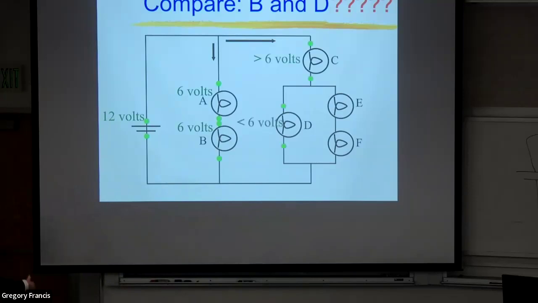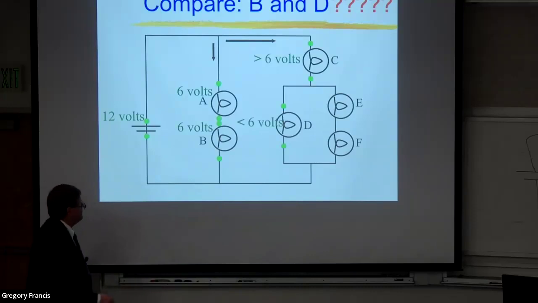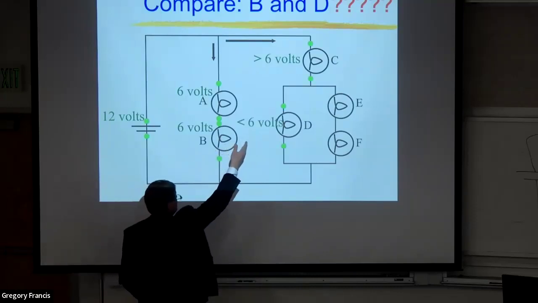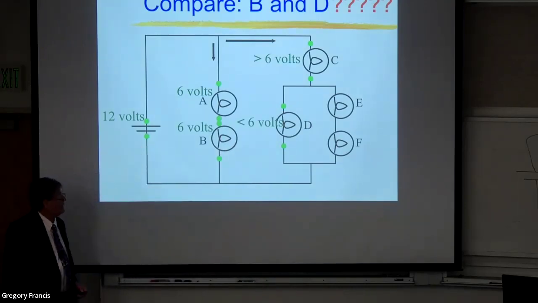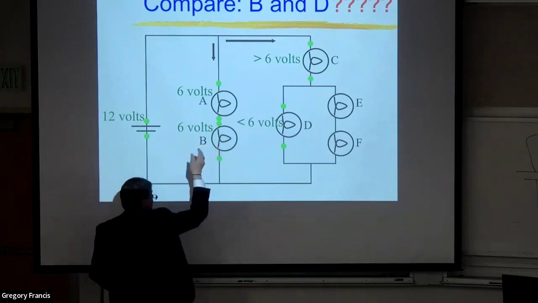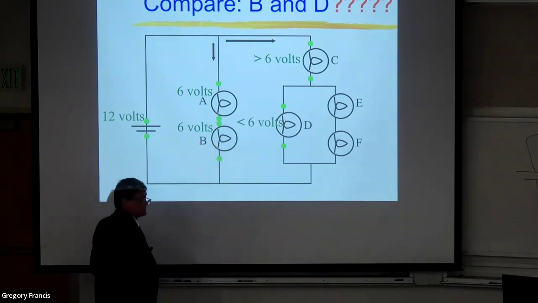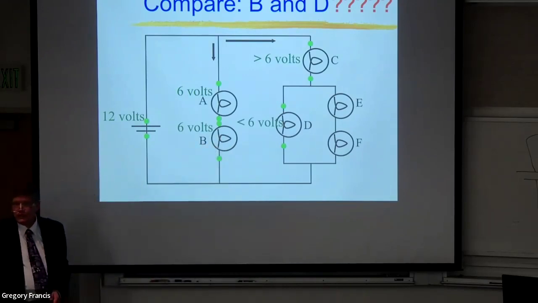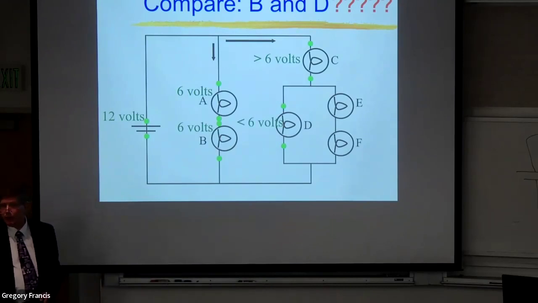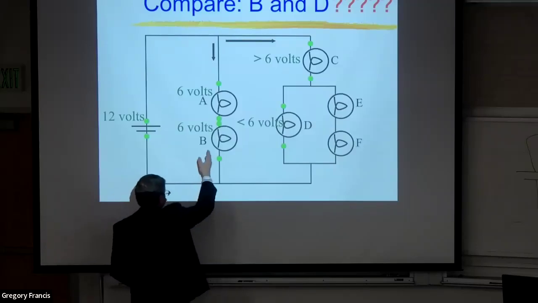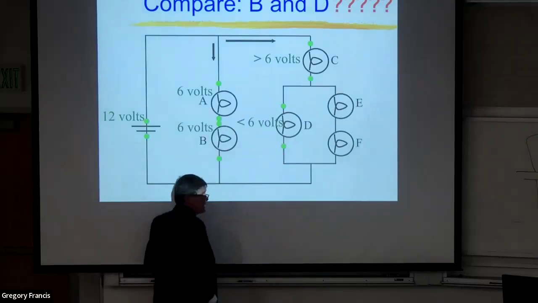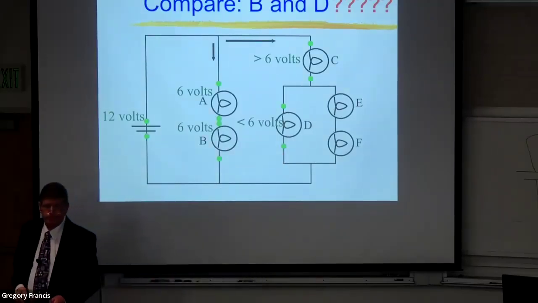And that means that D has to have less than 6 volts, because whatever I have across C plus whatever I have across D has to add up to 12. Okay, if C has 9, D has 3. So suddenly it's not a pizza problem anymore. Now I can see that B has to be brighter than D because it's got more volts across it.